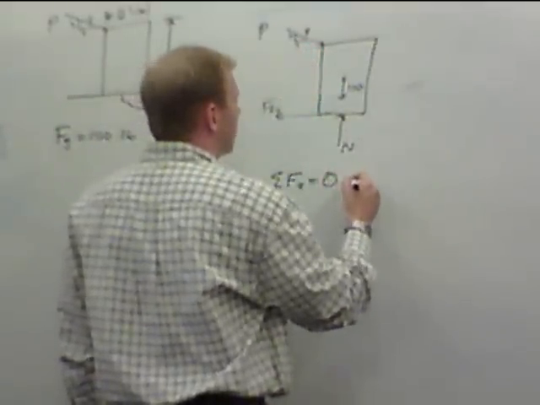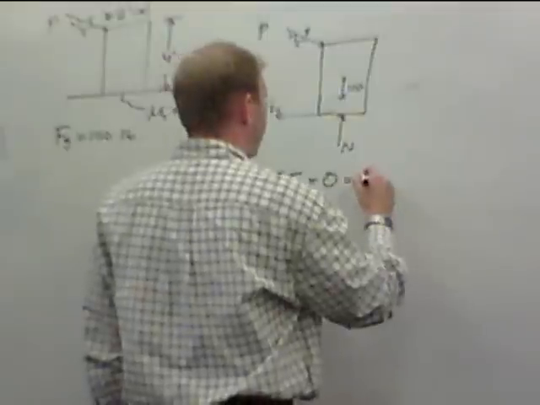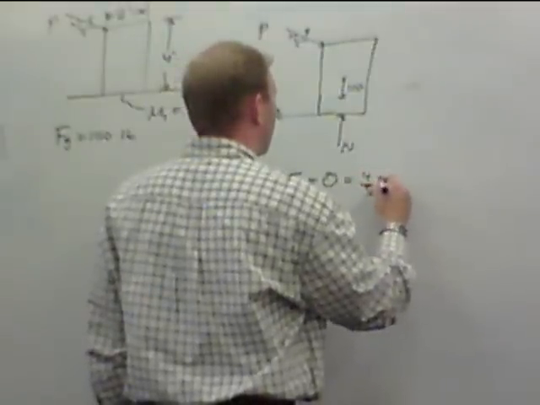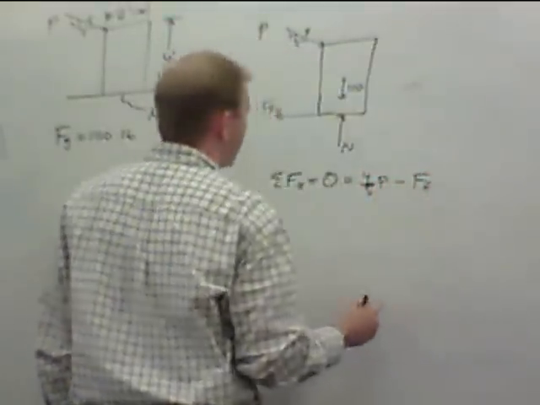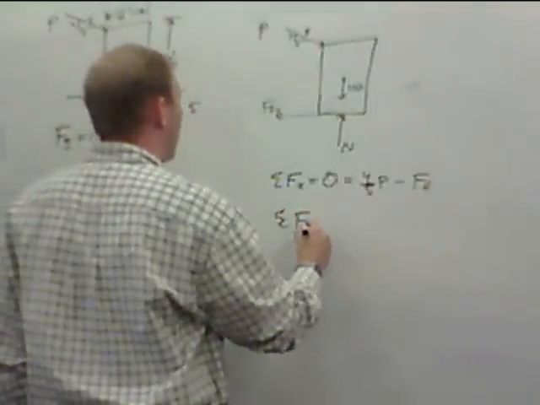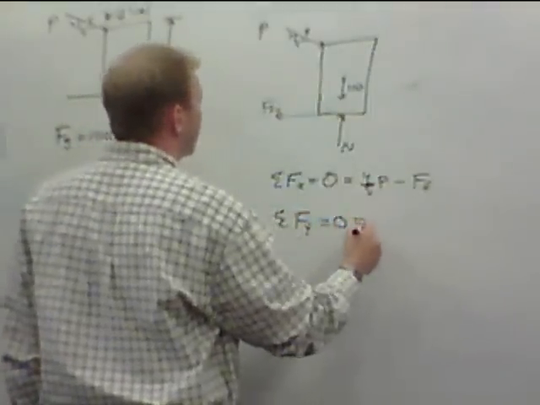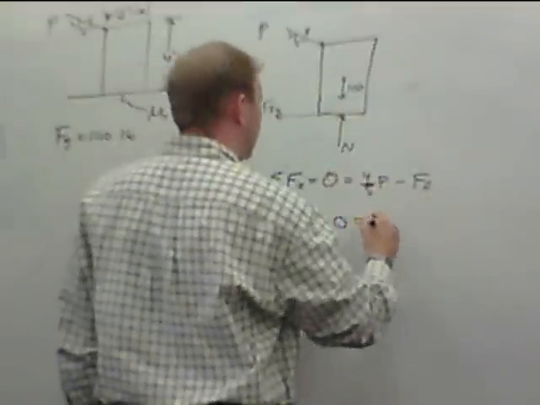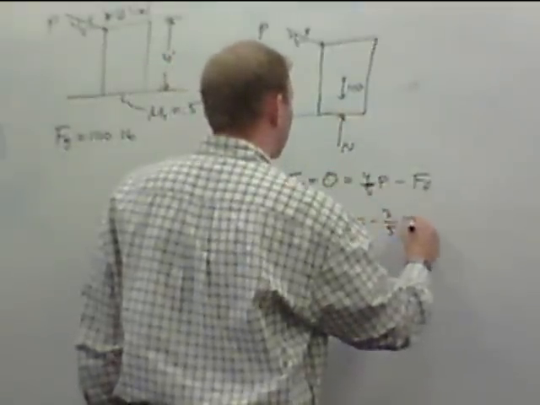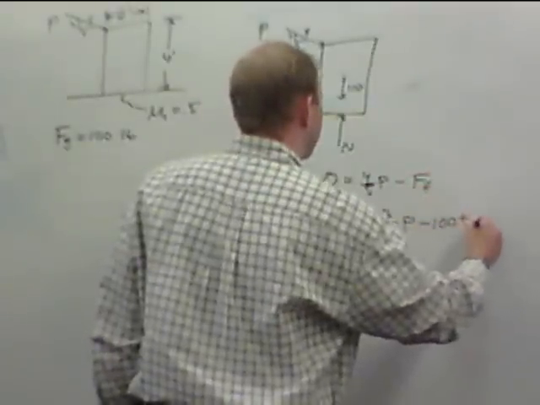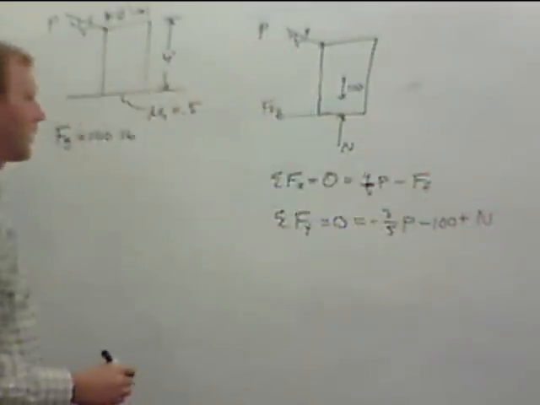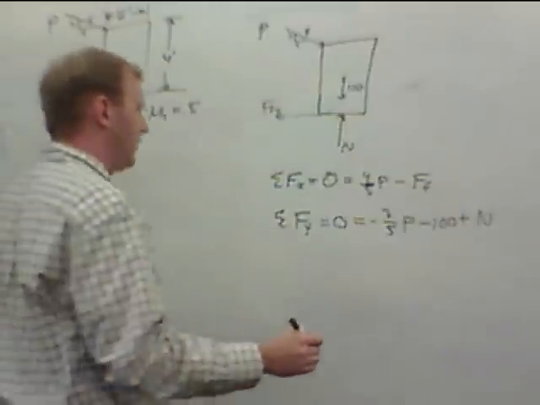So 0 equals 4/5 of P minus the force of friction. Summation of forces in the y is 0. That gives us that it's minus 3/5 P minus 100 plus n.